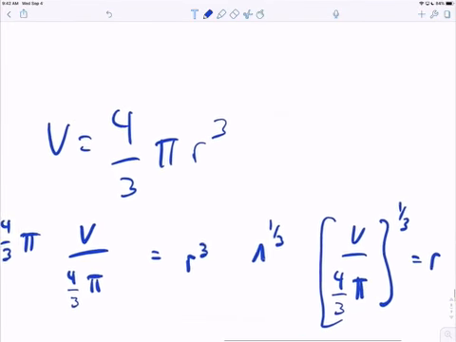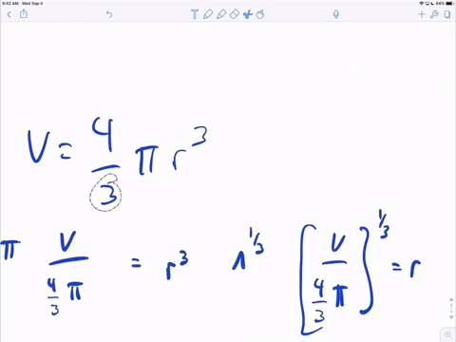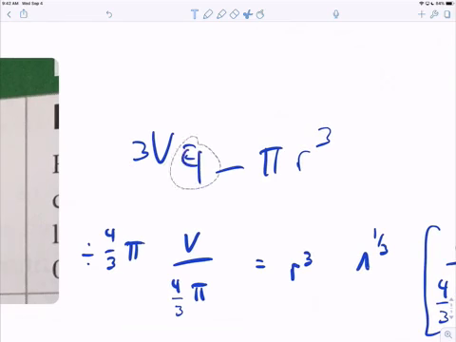In my mind, I can take this and I see the 3 coming here, the 4 going there, the pi over there, and then taking the whole thing to the 3rd power. So I kind of see it doing this. It's fun to do math this way.